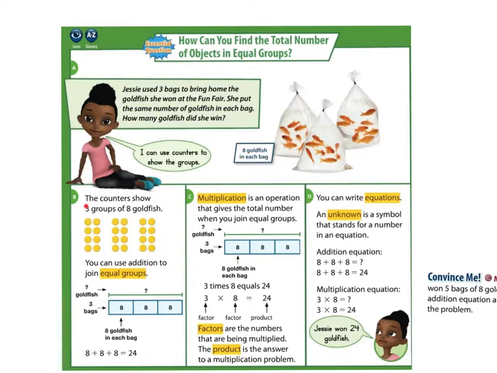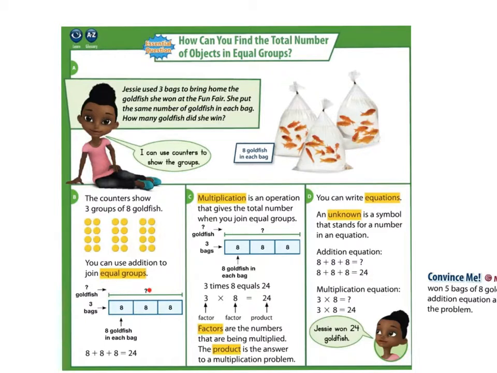You can show 3 groups of 8 goldfish using counters. Here is a group of 8, another group of 8, and another group of 8. These are equal groups of 8. You can see that it is 8 plus 8 plus 8. We use a bar diagram to show you.